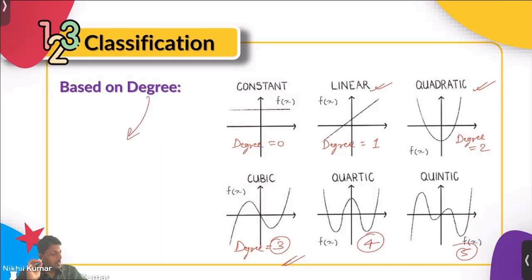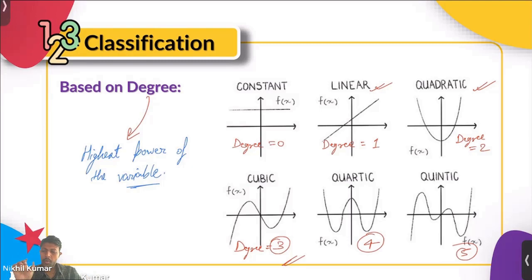Degree is the highest power of the variable. As we know, in a polynomial there are multiple terms, let's say 3 to 4 terms.